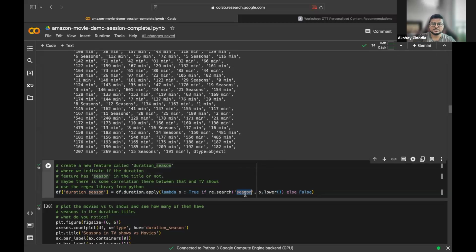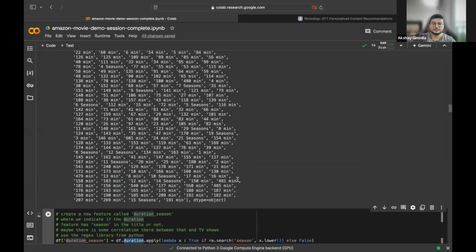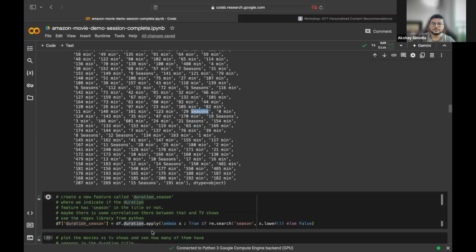Now I'm searching for season and then creating a new column where, if season is present in the text of the duration column, so the duration column has all these values, whenever the value season is present, it is a string match, like a text match. Think of it like I'm applying a function, and apply lets you apply any function.